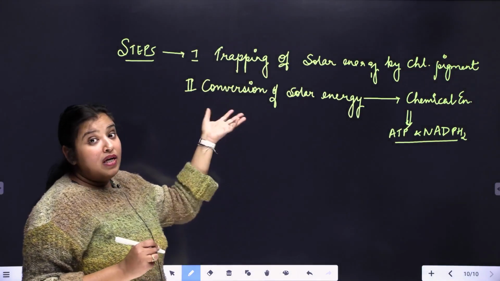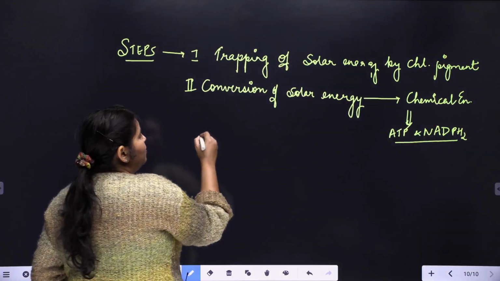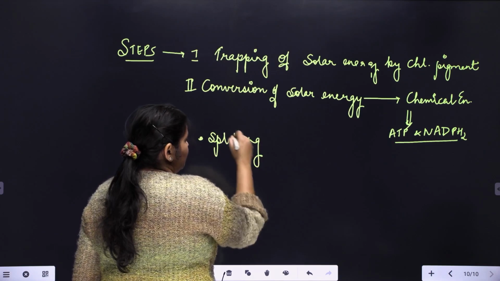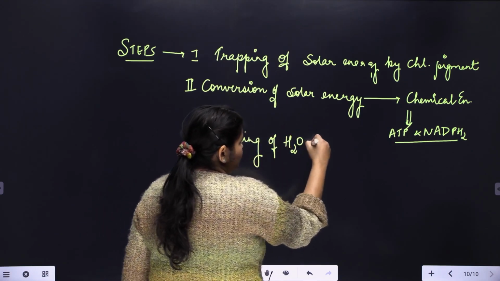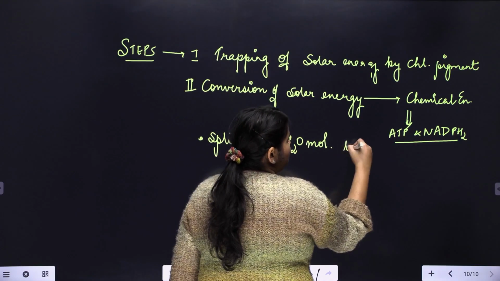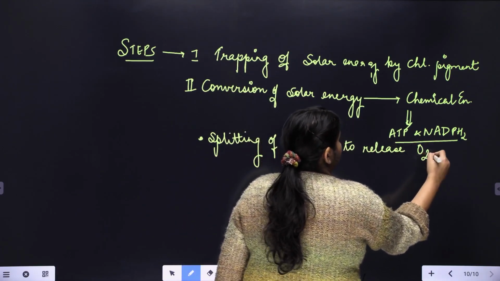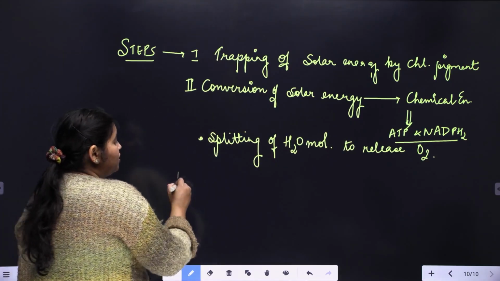Because we are talking about light reaction now, you must be able to correlate. So here, splitting of water molecules to release oxygen as a byproduct.